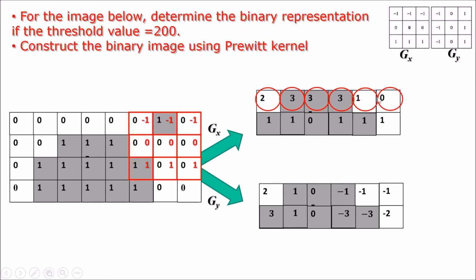So 1 minus 1 will be equal to 0. The same process will be repeated for the second location here. So finally, you have the output image calculated for the first operator in the gradient of the x direction.